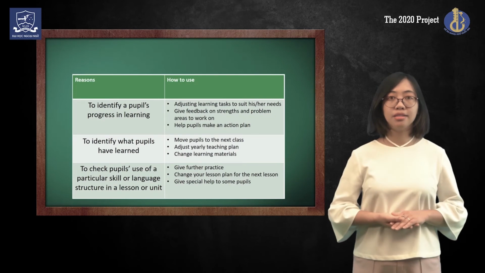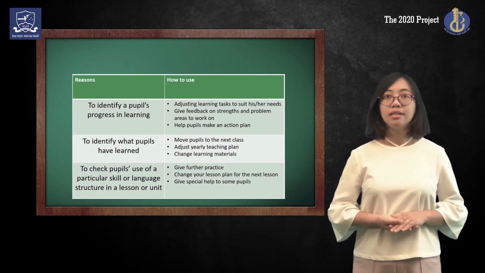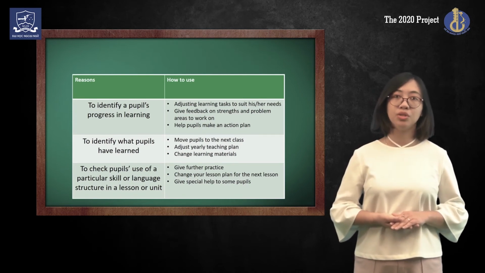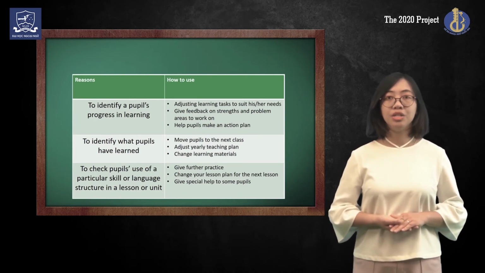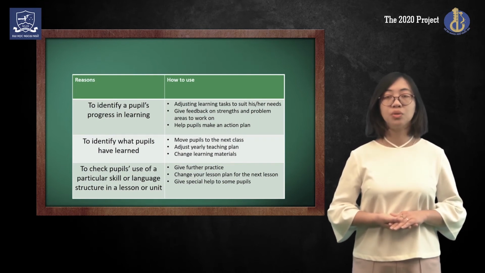If you assess to check pupils' use of a particular skill or language structure in a lesson or unit, then the results can help you decide to give further practice, change your lesson plan for the next lesson, or give special help to some pupils.